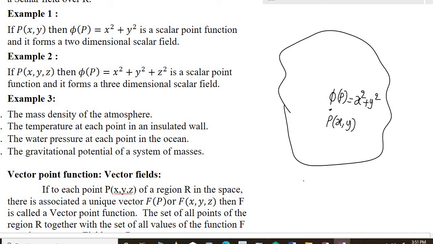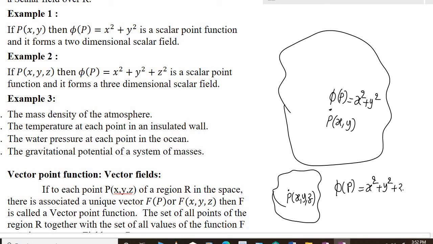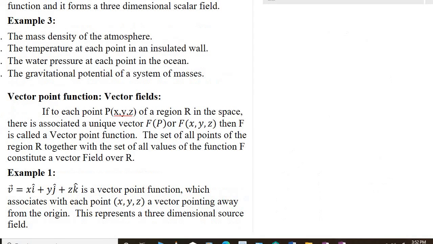Similarly, if we consider one more region in space, P of x, y, z is the point coordinates, then phi of P equal to x square plus y square plus z square, then we say that it forms a three-dimensional scalar field.